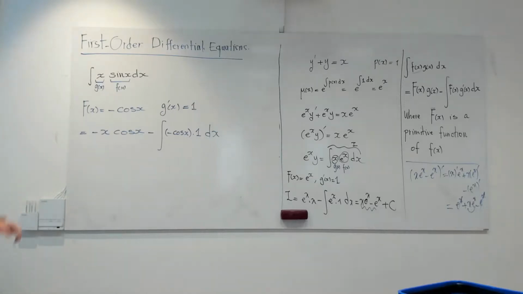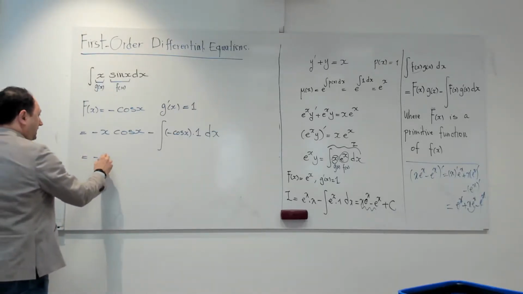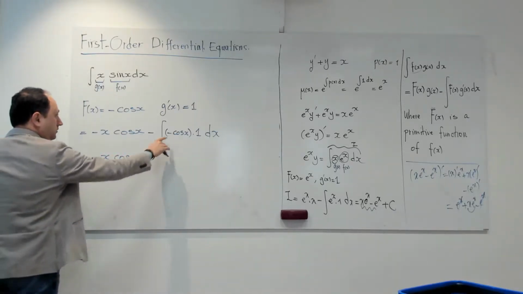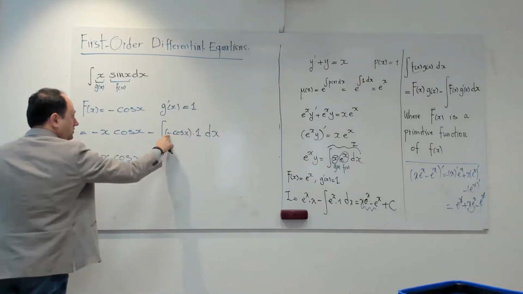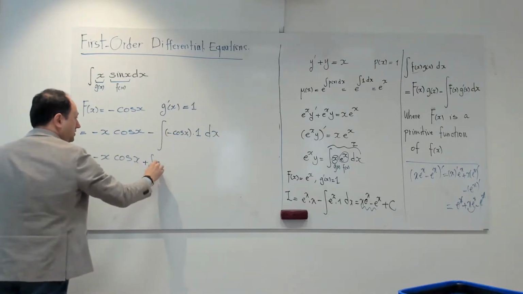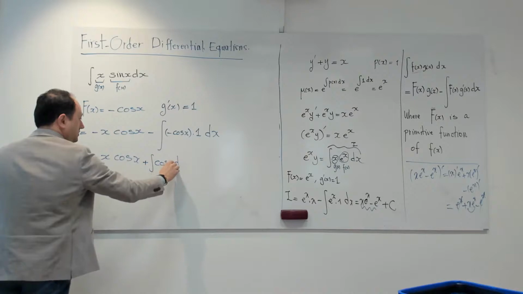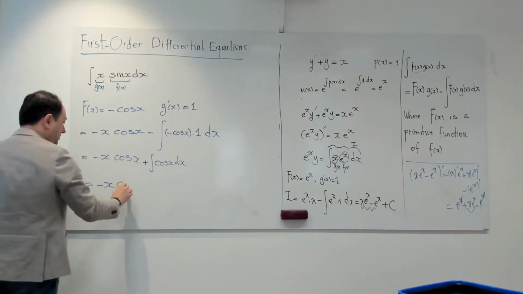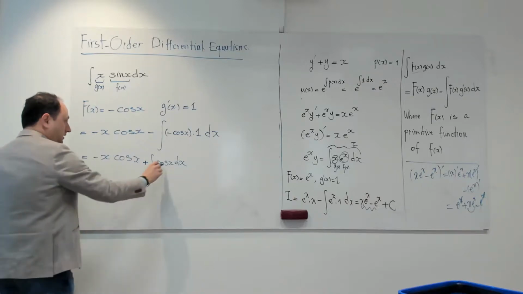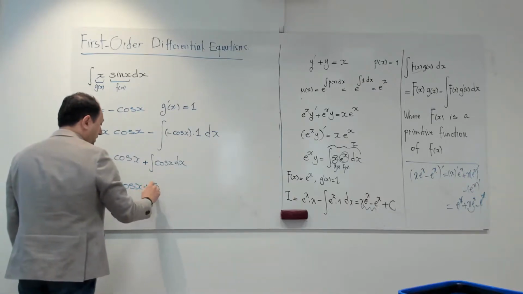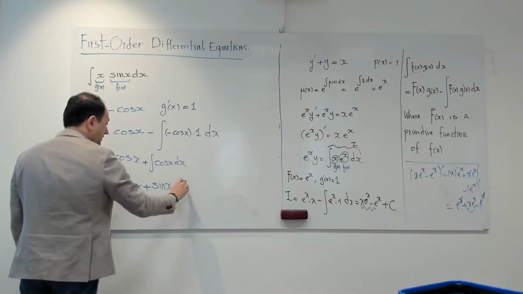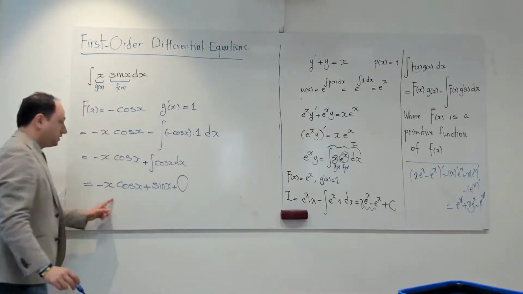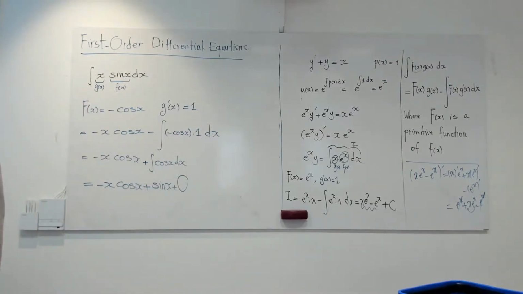But hopefully you agree with me, we can immediately calculate this new integral. Minus goes out, 1 is nothing, so it becomes positive integral of cosine x dx. And then if I continue, it becomes minus x cosine x, and this one becomes positive sine x. And then we usually put this constant of integration. So this is your primitive function.